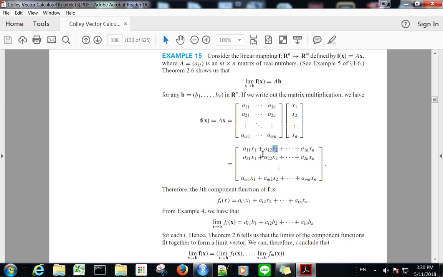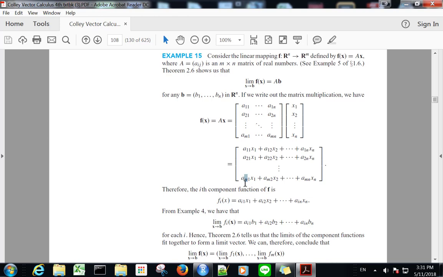So the first row is going to be a11, a12, a1n, and the second row is going to be a21. So the component functions, there are m of them, and the first subscript is going to change from component function to component function. So this one is a1 something, this one is a2 something, and the last one is am something.